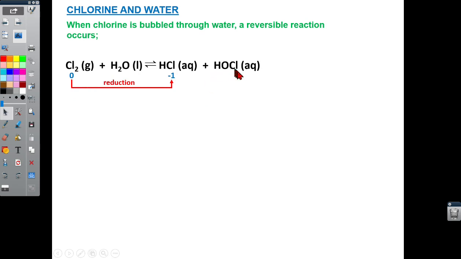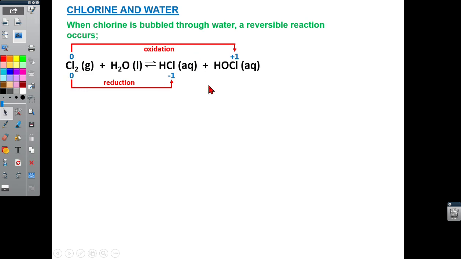However, if you look at the oxidation state of chlorine in HOCl, it's in a +1 oxidation state. So that means it's gone from 0 to +1. So that process is an oxidation. So this is a strange situation here. We're getting the same substance simultaneously being reduced and oxidized in the same reaction.